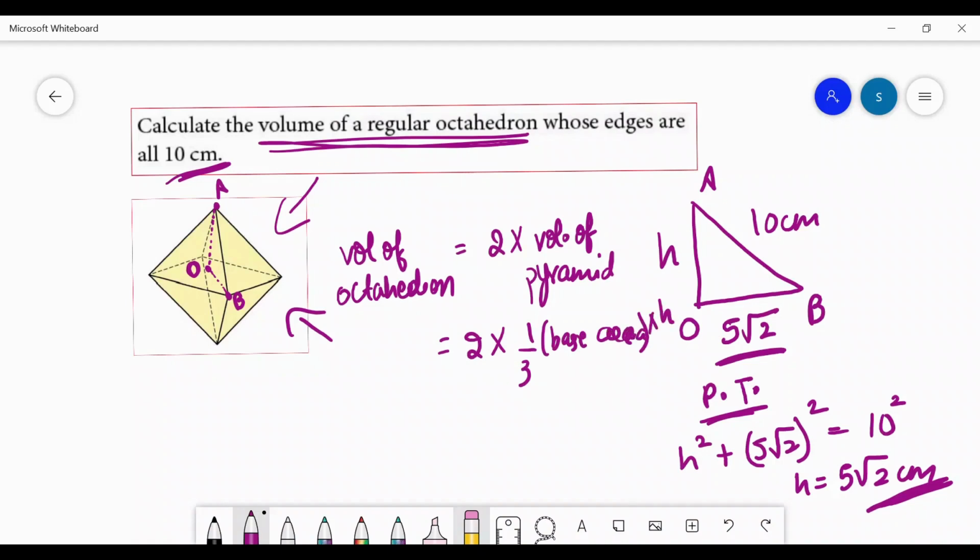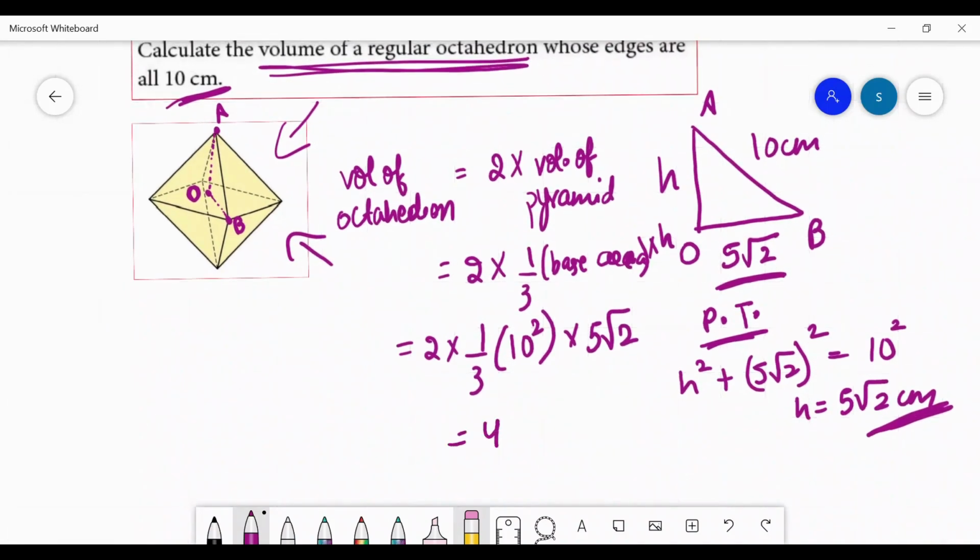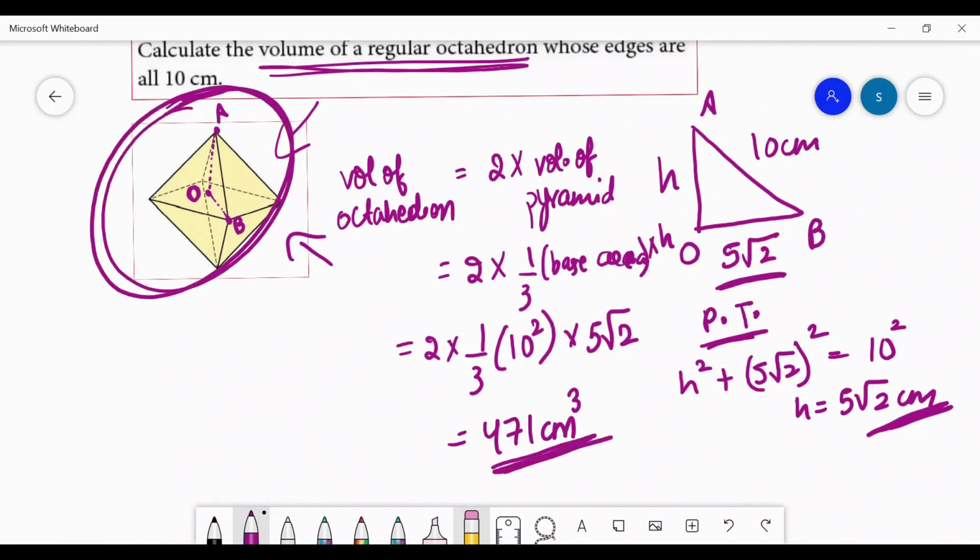This is the formula for volume of pyramid: 1 by 3 base area into height. So this is 2 into 1 by 3, base area is 10 square, into height. We just found out what the height is, 5 root 2. And when you solve this, you get 471 centimeter cube. So that is the volume of this octahedron.